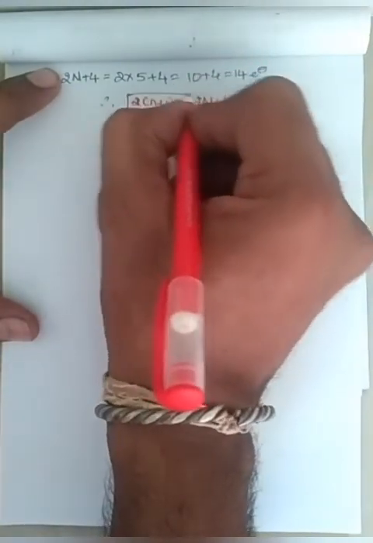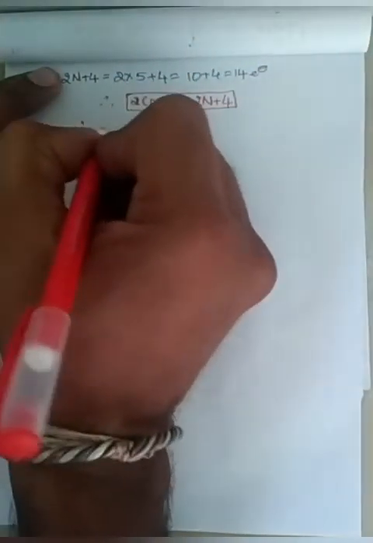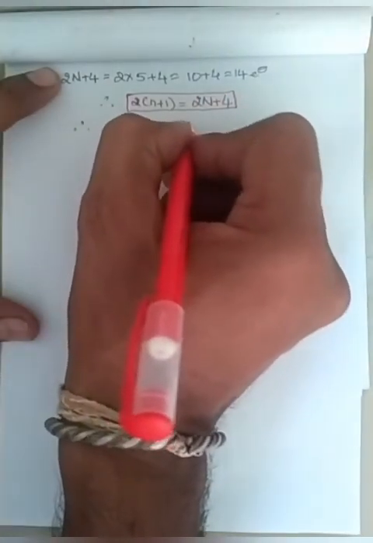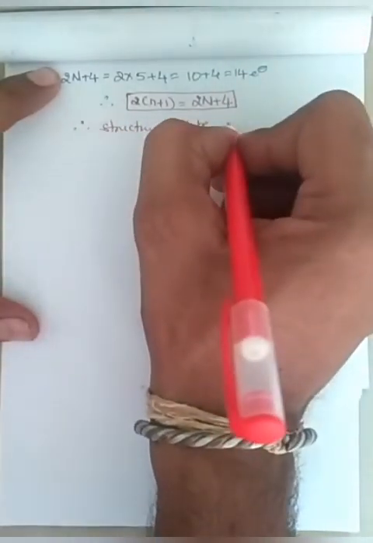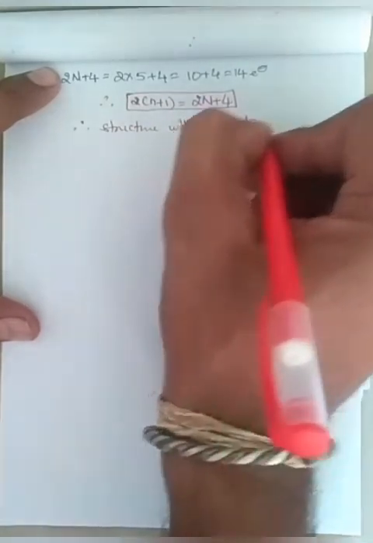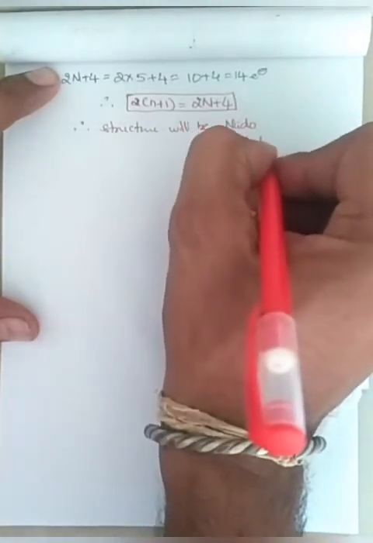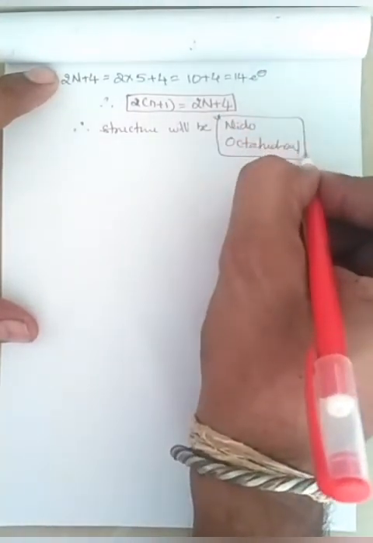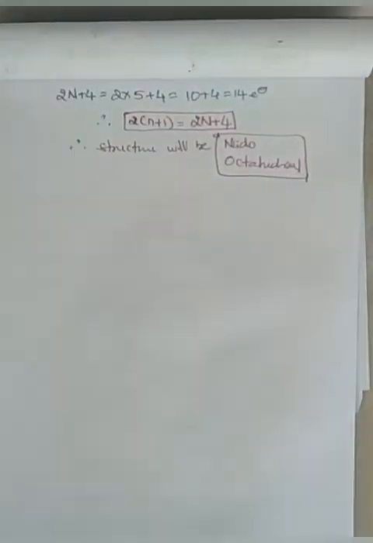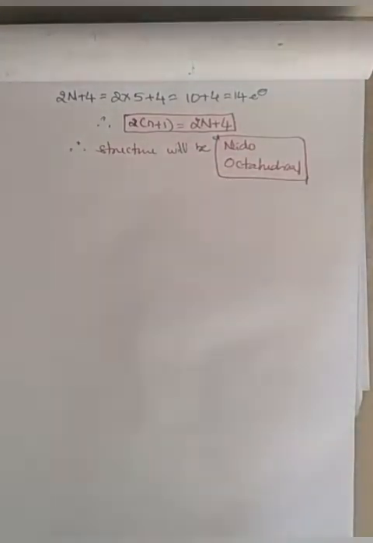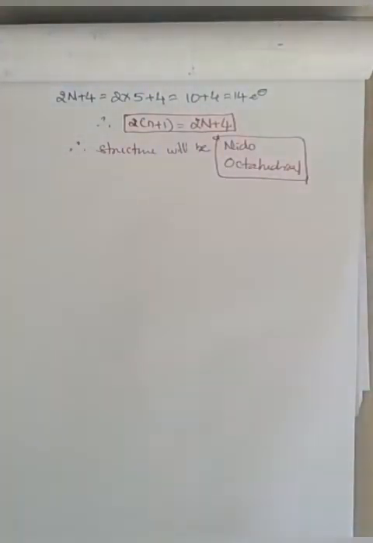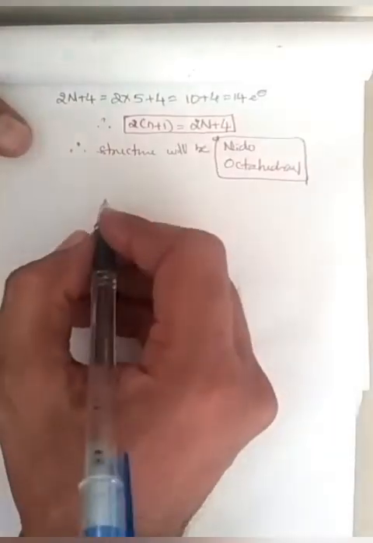So which means the structure will be Nido octahedral, isn't it? So it means that one of the osmium is missing from the octahedral polyhedron, right? So it would have a structure like this.